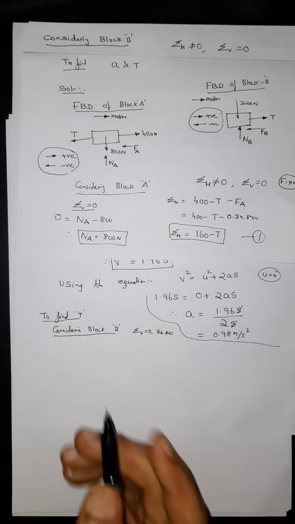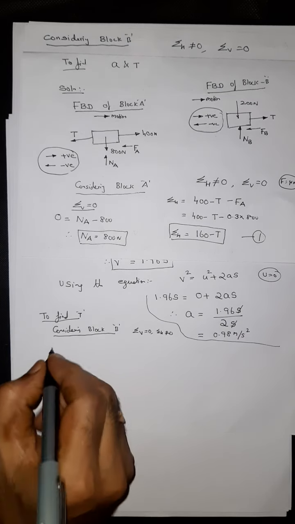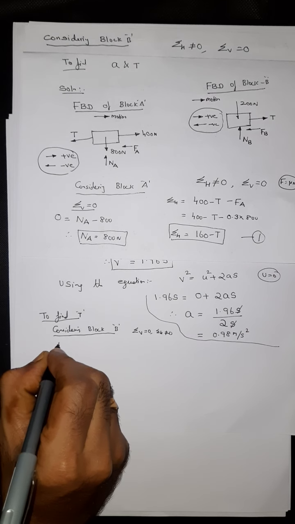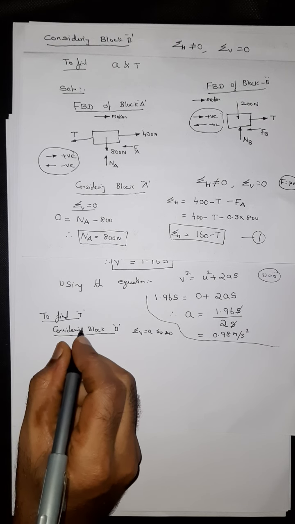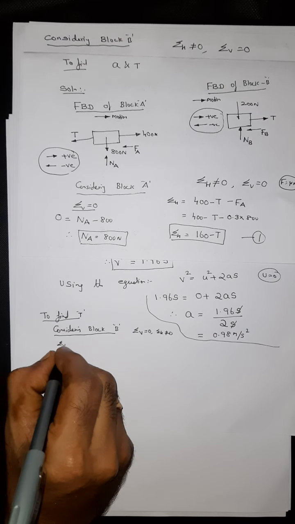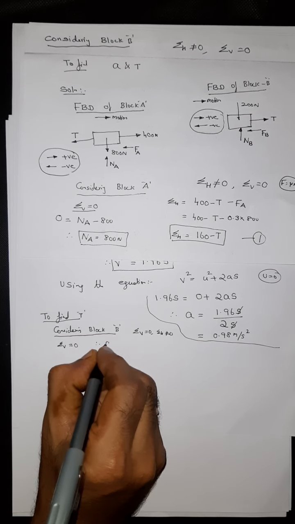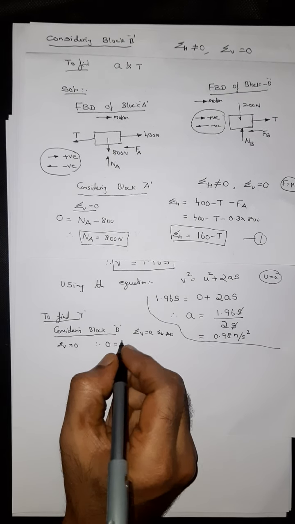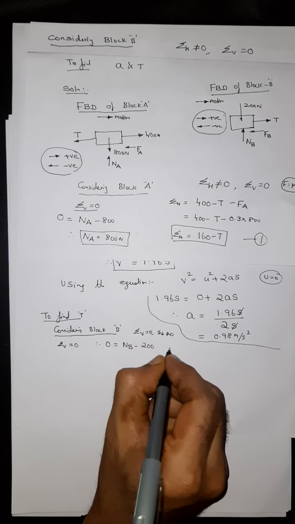So using the work energy principle, summation V, zero equal to NB minus 200.